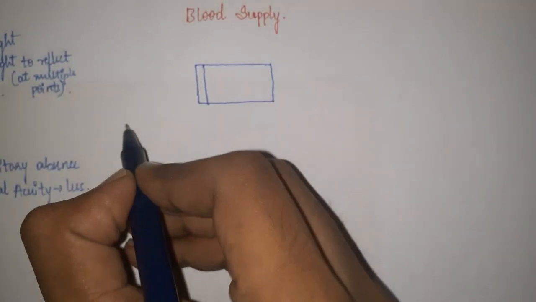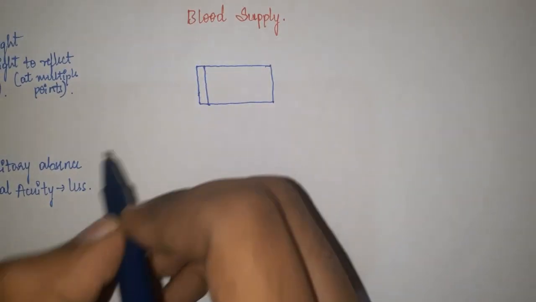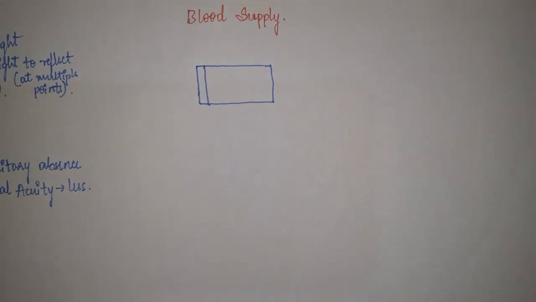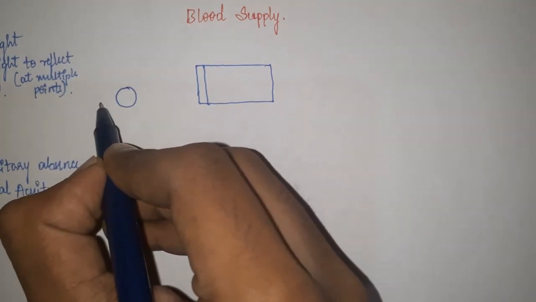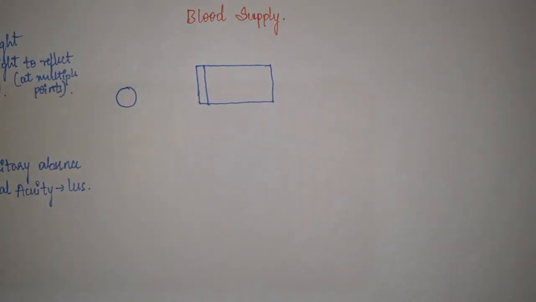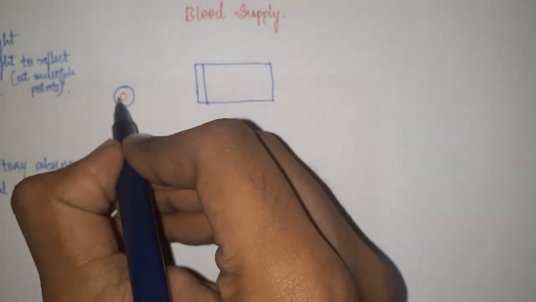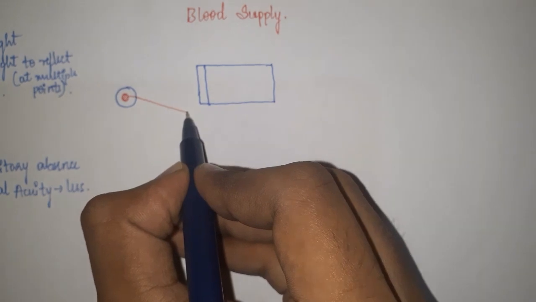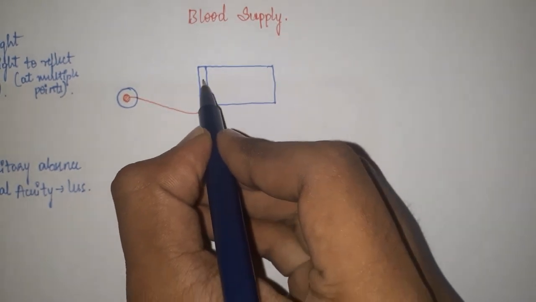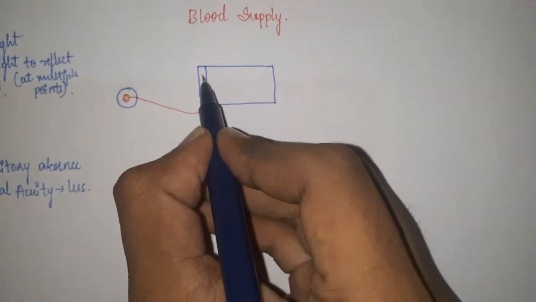Just now we said the retina is supplied by the central retinal artery, which passes inside the optic nerve. Inside the optic nerve, the central retinal artery passes, and its branches give blood supply to the retina like this.